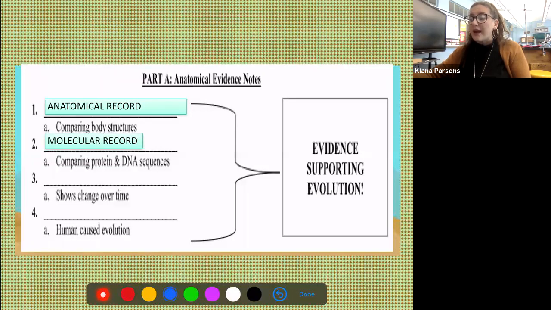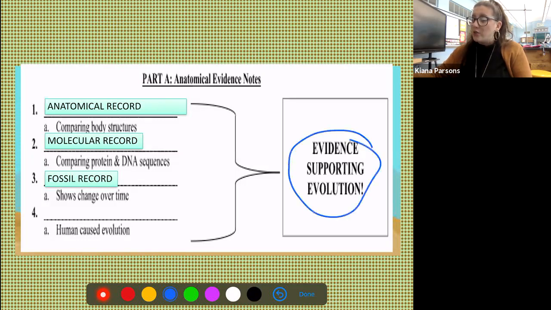The molecular record allows us to compare protein, DNA, and amino acid sequences and see the relationships between species over time. The fossil record literally shows us sometimes the anatomy, but also the actual rock that the bones have turned into. All of these things are evidence supporting evolution.